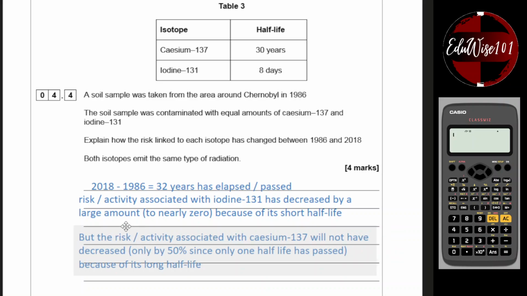But the risk or the activity associated with cesium-137 will not have decreased as much; you could say it only decreased by 50% since only one half-life has passed, because it has a long half-life. So the risk from cesium is still there. Iodine is not there anymore after 32 years.